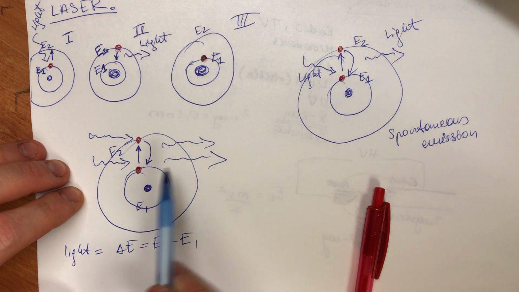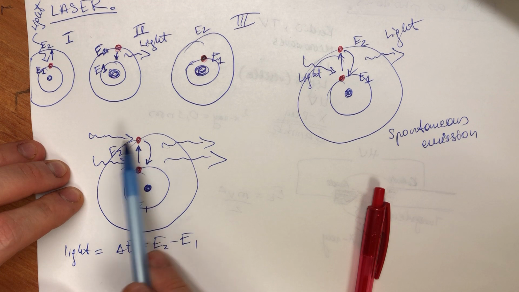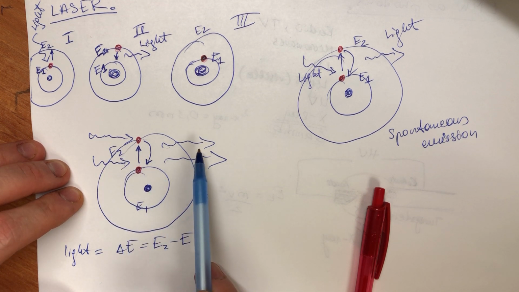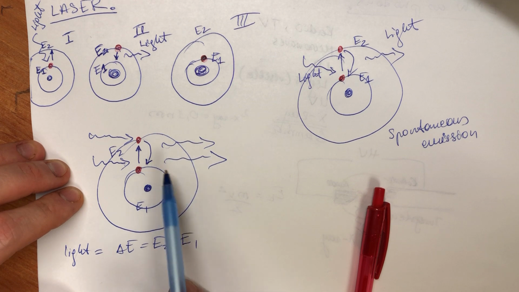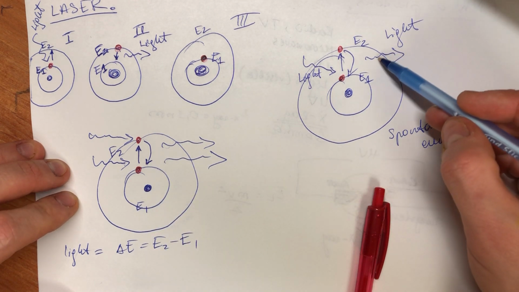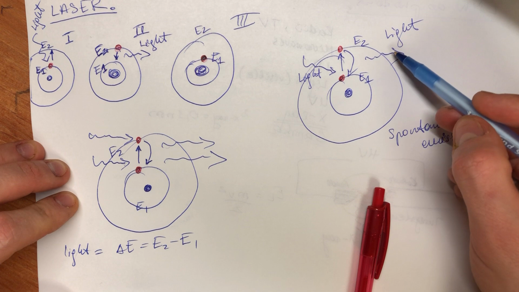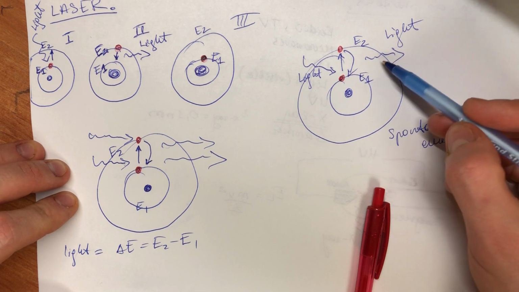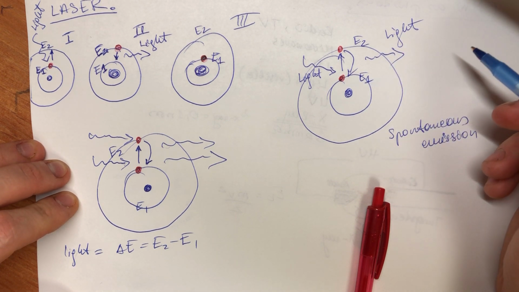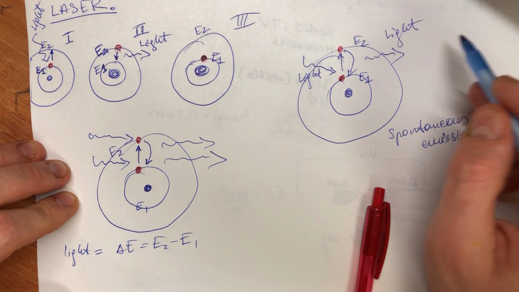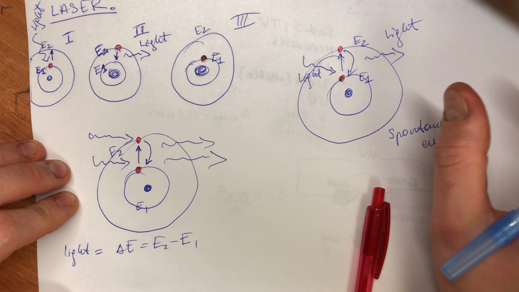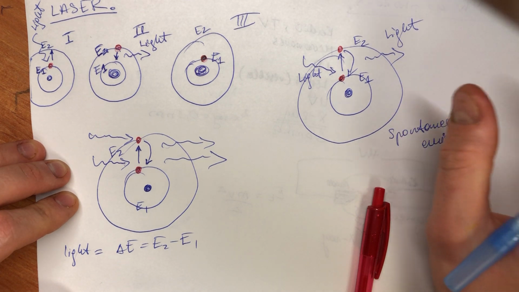So if there are a lot of atoms like this, all the light rays produced like this would be coherent. In this case, here it is one ray of light, one photon, let's say. And if there are a lot of atoms, so this light would be incoherent, non-polarized light and in different colors.